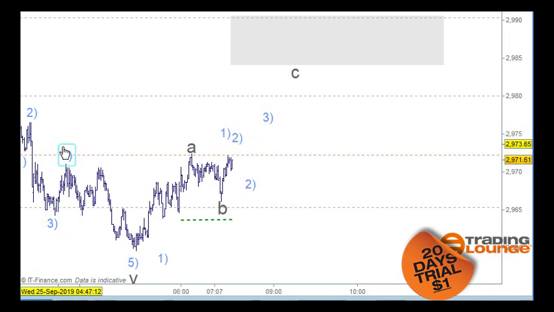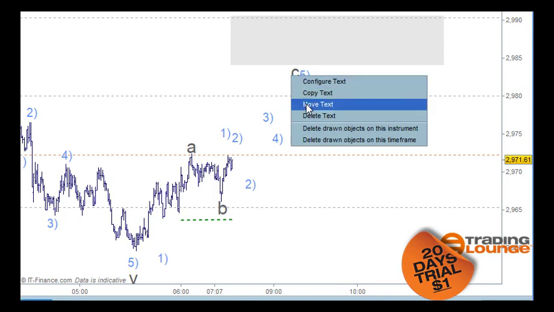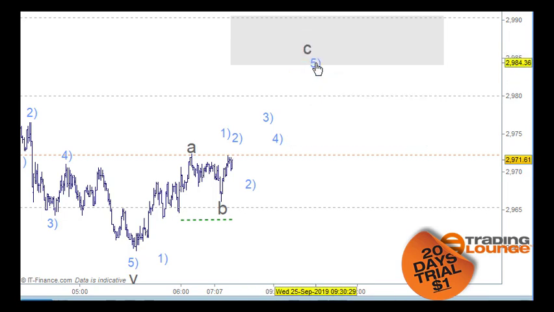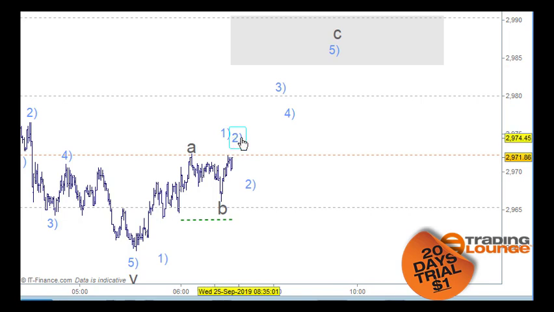There'll be 5 waves in the C wave. That's what I'm trying to point out here. There'll be 5 waves in that C wave coming into this space here. And that will probably dance across that level there. That will be up into here. So that's probably the case. But I'll just leave that one there.